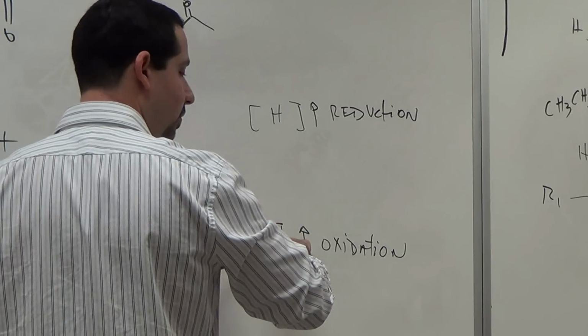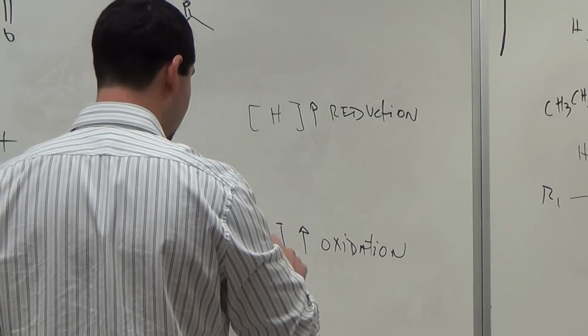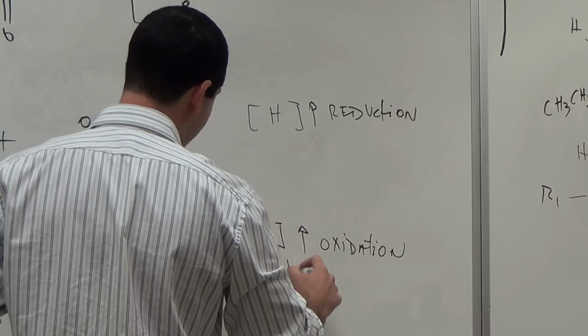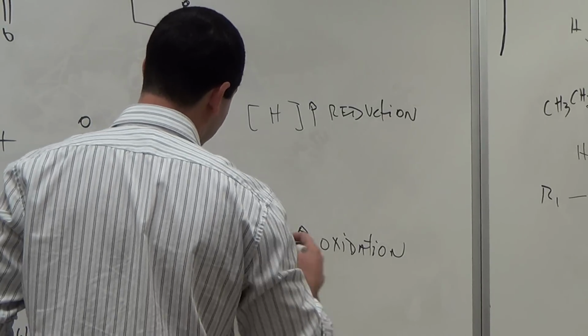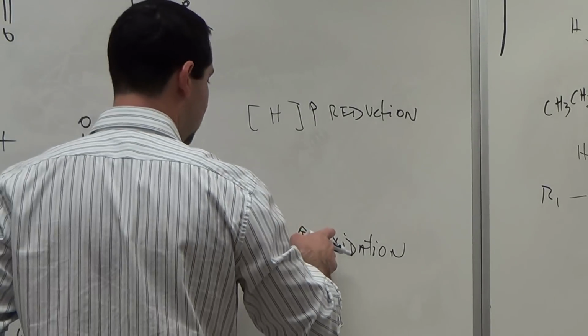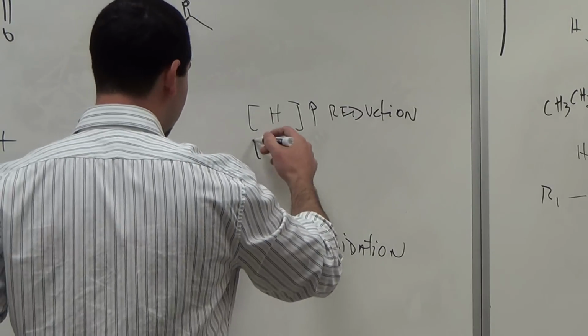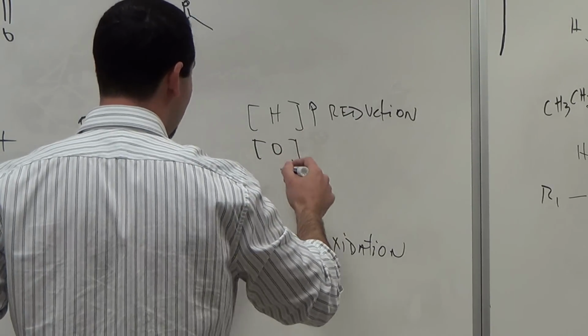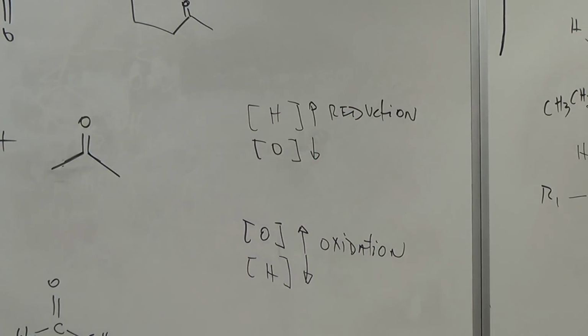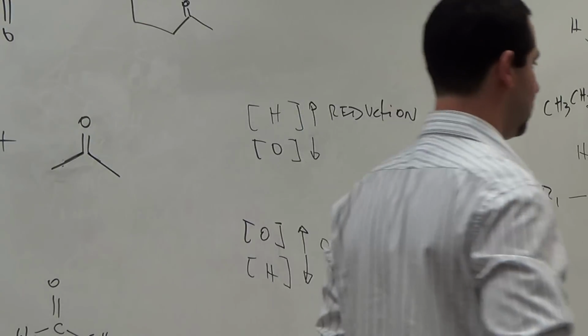Now, the reverse of this is also an oxidation, but not the reverse for oxygen, but for hydrogen. If the number of hydrogens decreases, this is still called oxidation, and for this, the number of oxygens needs to decrease. It's still called a reduction. Please memorize this.